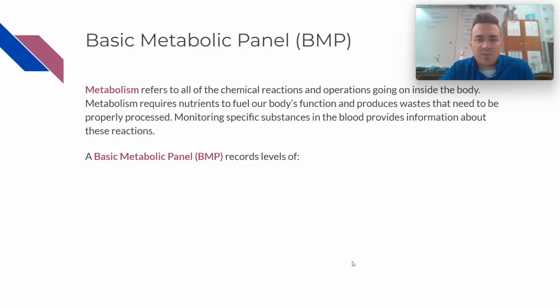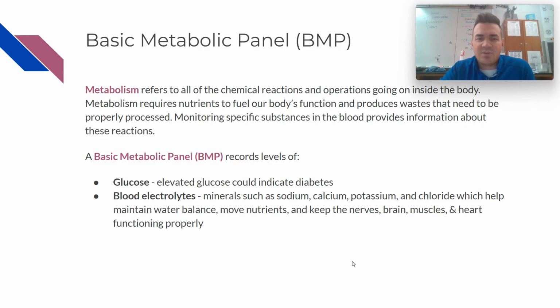So when we are doing a basic metabolic panel, we're going to look at levels of glucose, which is blood sugar. It's the sugar that's dissolved in a person's bloodstream. We're also going to look at blood electrolytes. Electrolytes are little ionic compounds within the blood, so things like sodium, calcium, potassium, chloride.